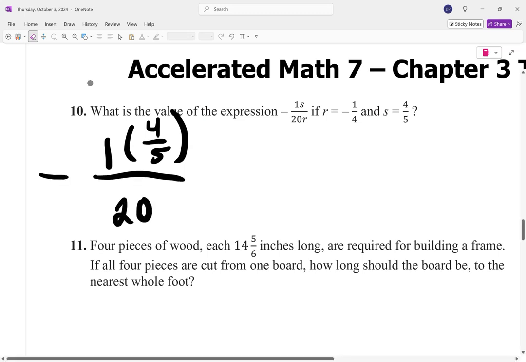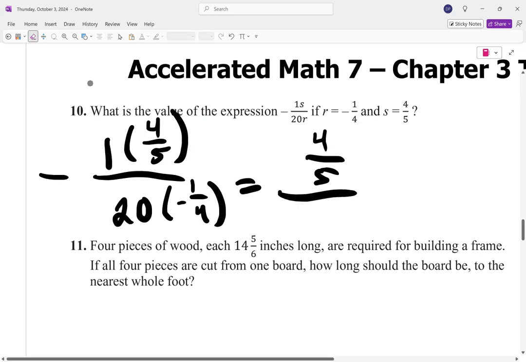And then 20 over negative 1/4. Alright, so what happens here? 1 times 4/5, well obviously that's 4/5. The bottom we've got 20 over 1 here, so we divide both of those by 4, and we get 5 over 1. So a negative and a positive though, don't forget. So that would make 5.